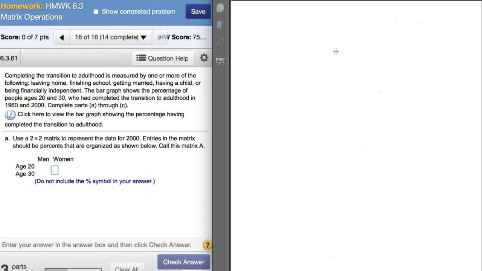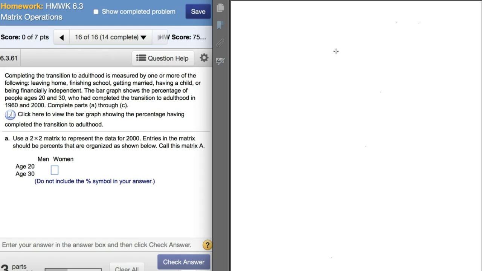Completing the transition to adulthood is measured by one or more of the following: leaving home, finishing school, getting married, having a child, or being financially independent. The bar graph shows the percentage of people from ages 20 to 30 who had completed the transition to adulthood in 1960 and again in the year 2000.